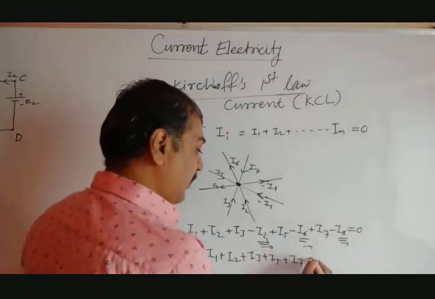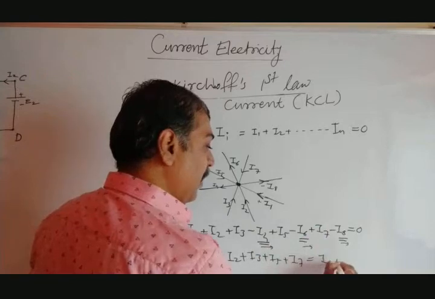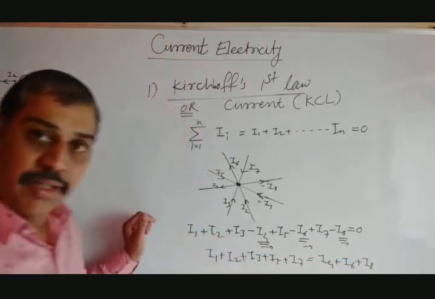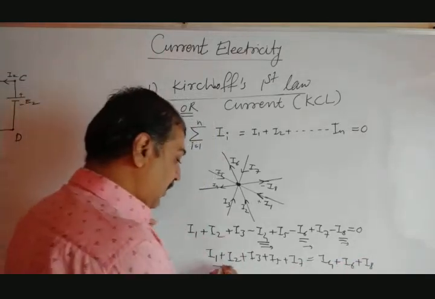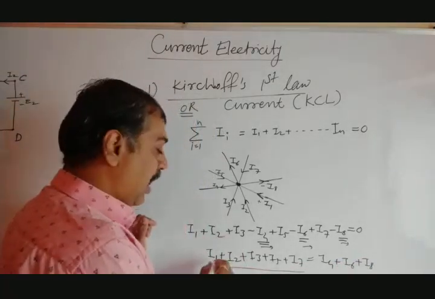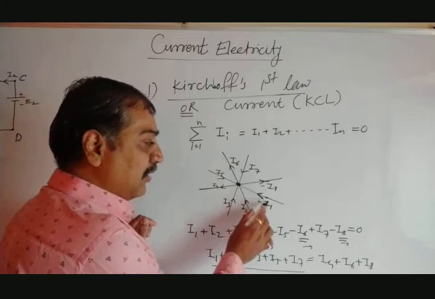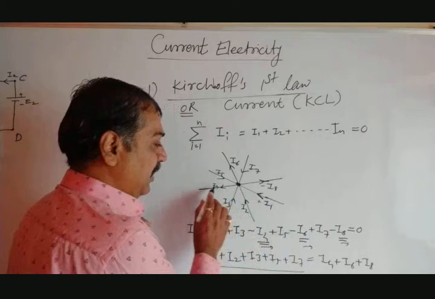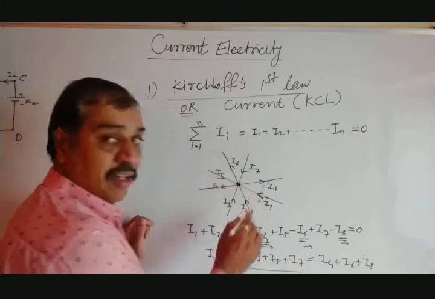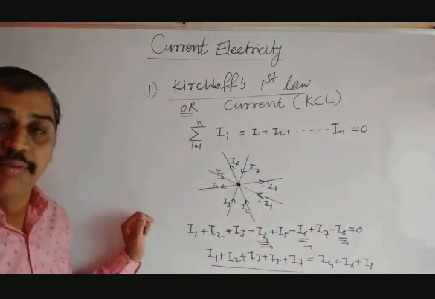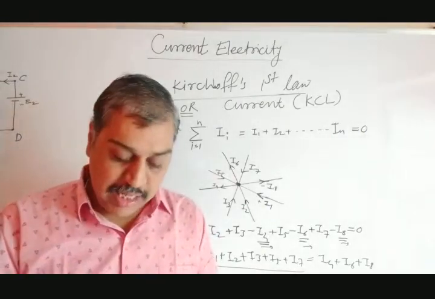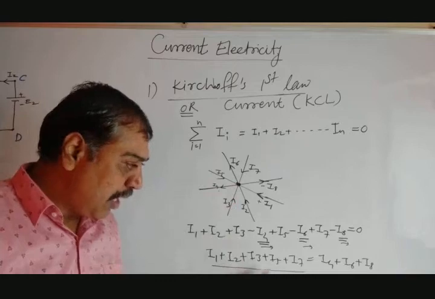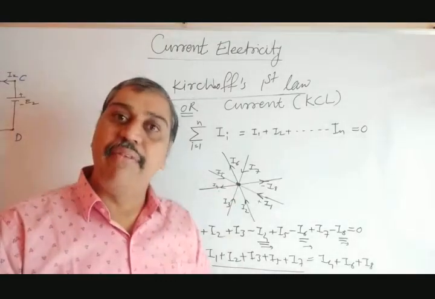So you can write this equal to I4 plus I6 plus I8. This is a modified form. If you consider this part, I1, I2, I3 like this, these are currents arriving toward the junction. I4, 6, 8, currents leaving from the junction. From this you can say that the algebraic sum of the currents arriving at the junction is equal to the algebraic sum of the currents leaving away from the junction.